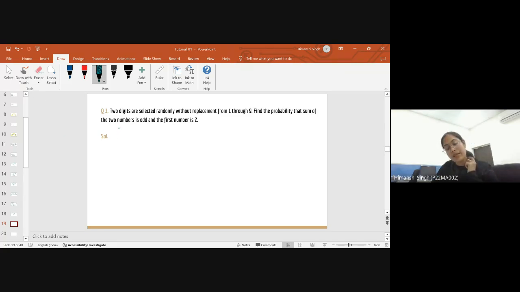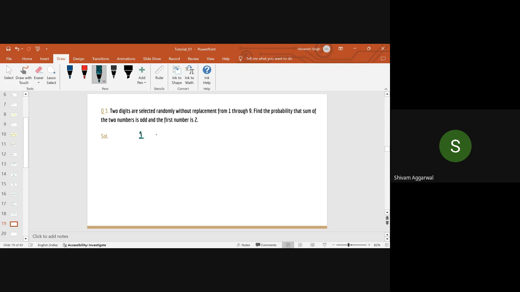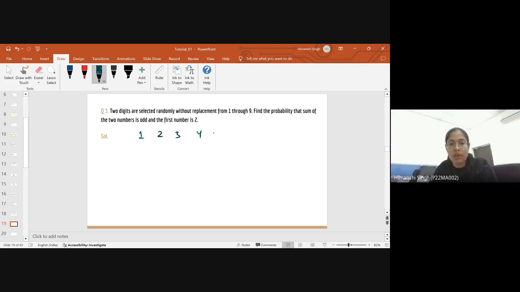Okay, so I will be moving forward to question three. The question is saying that two digits are selected randomly without replacement from 1 through 9. So we have 1, 2, 3, 4, 5, 6, 7, 8, 9. Now from that we are selecting two digits without replacement.